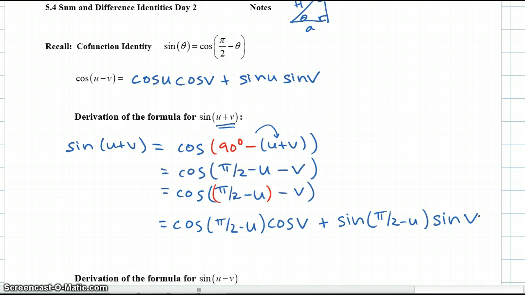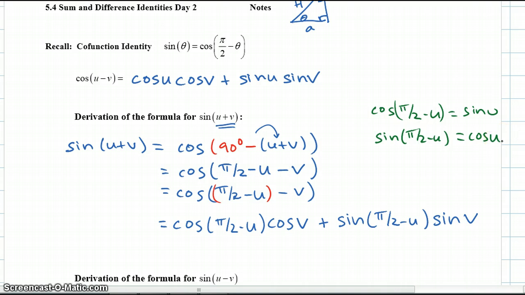I'm going to write this over here. The cosine of pi over 2 minus u is equal to the sine of u, cofunctions. And the sine of pi over 2 minus u is equal to, of course, the cosine of u.